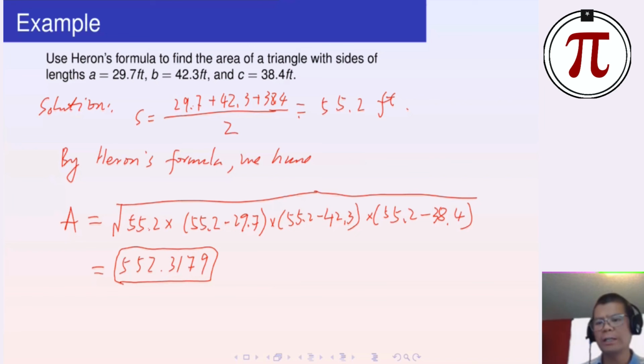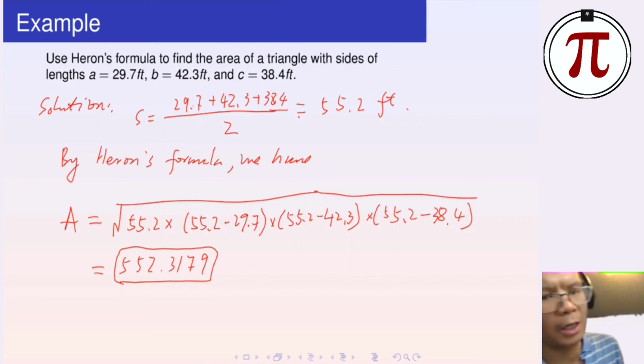You don't have to find the sine of theta or cosine of theta, or use one half ab sine theta. We do have that one as well, but for that one you need to firstly find the sine of theta, then use one half times that. But this one is given the three sides. You can just use the three sides to find the area, which in some cases is very handy.